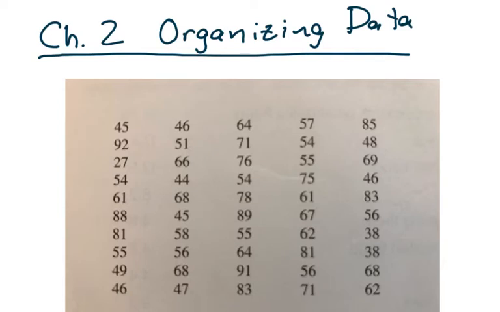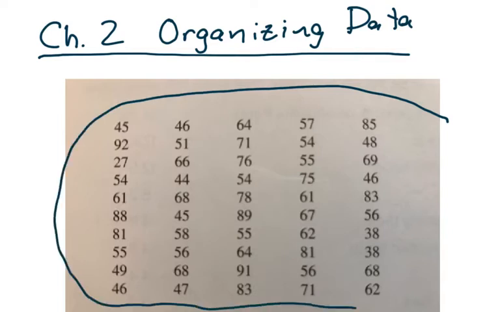And now, here is an example of some data. And as you can see, this is a big, giant sea of numbers. They've gone ahead and organized it at least into columns for us. But other than that, this data is still very unorganized.